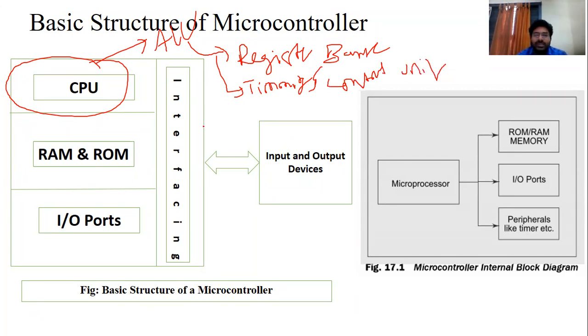You see these three categories: the arithmetic and logical unit, the register bank, and the timing and control unit. Now we are focusing on the register bank, which you can also call a register set.